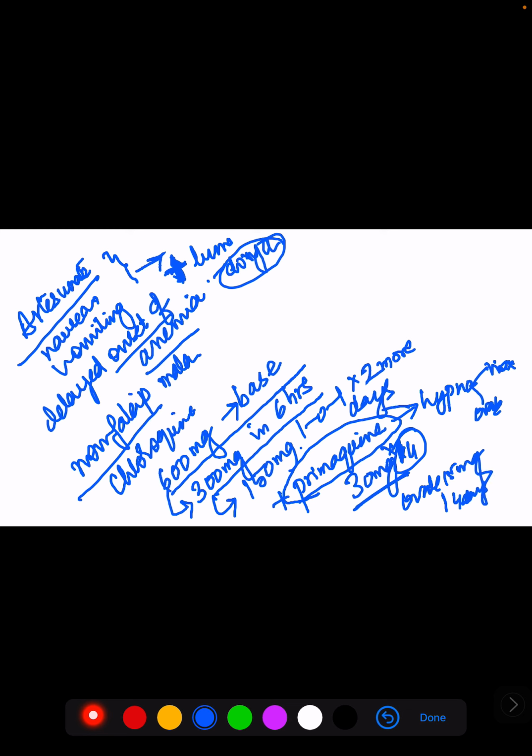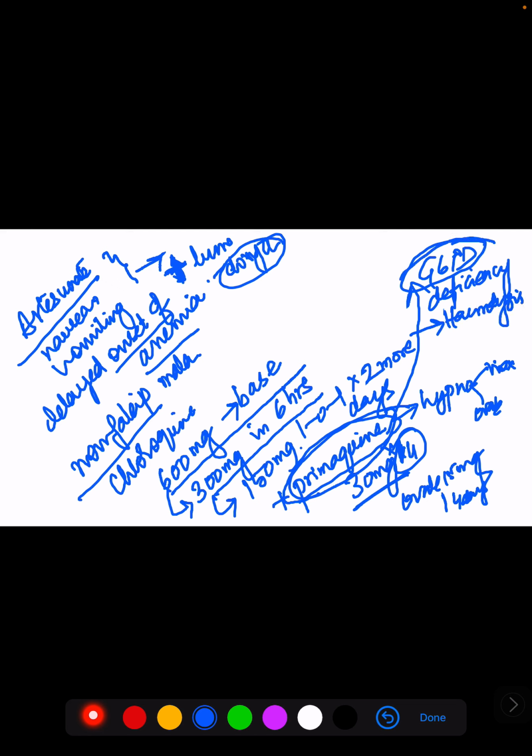This primaquine has to be given after confirming that there is no G6PD deficiency. If there is a deficiency of this enzyme, it will lead to hemolysis in those patients if primaquine is given. So we have to confirm that the patient is not G6PD deficient.